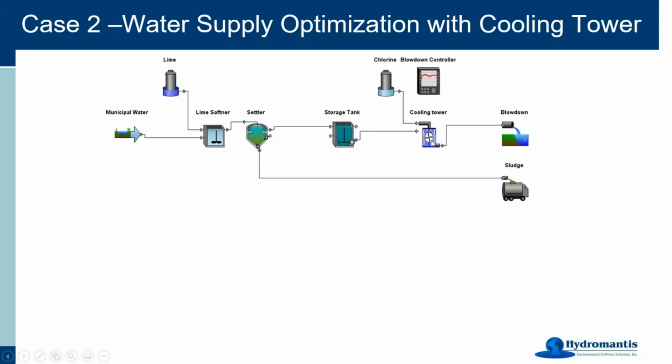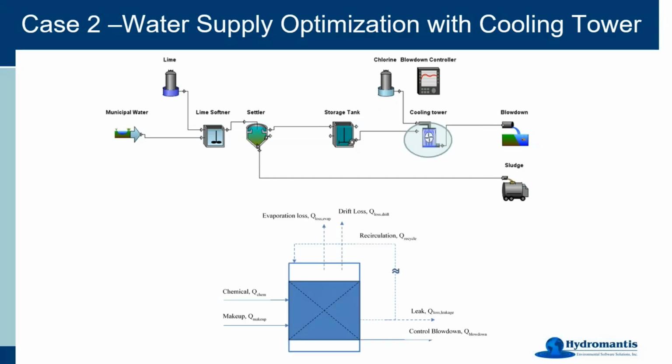Some of you who are from drinking water are probably not familiar with cooling towers. Cooling towers are one of the important components in any process water system, and quite a lot of them use a large amount of water, because just for the cooling itself they need a lot of water, and there is a huge demand. Any water that can be saved in the cooling towers could basically be a source of revenue for industries.